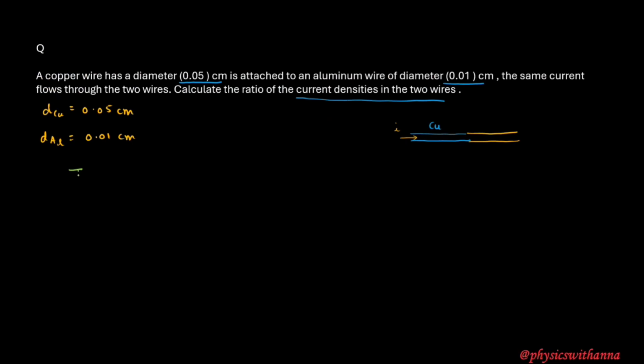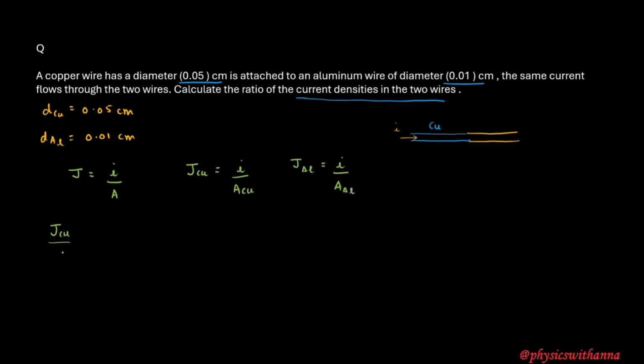Now we know that current density J is given as current per unit area. So I can find the current density for copper to be equal to I over area of copper, and the current density for aluminum to be equal to I over area of aluminum. Let's take their ratio.